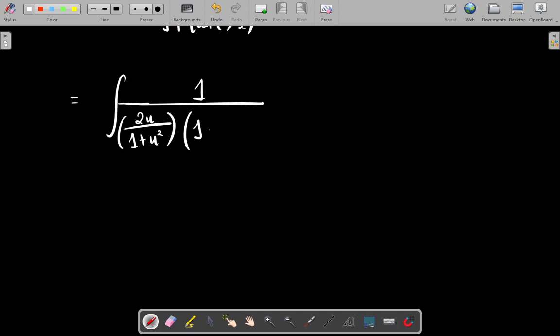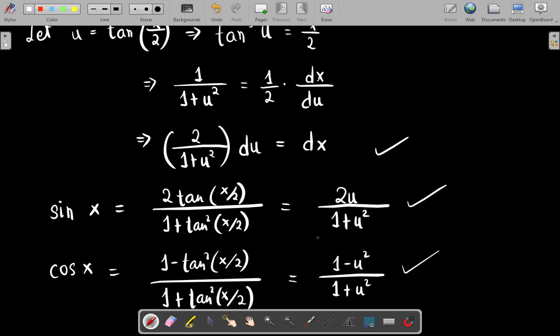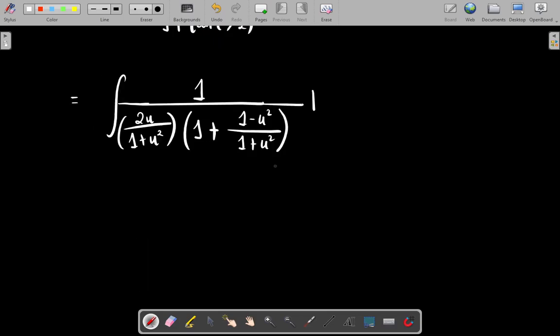And we have 1 plus cos x, so this is 1 plus (1 minus u square) upon (1 plus u square). This is the first integral. And then we have dx, which is nothing but 2 upon (1 plus u square) times du. This is the first integral.